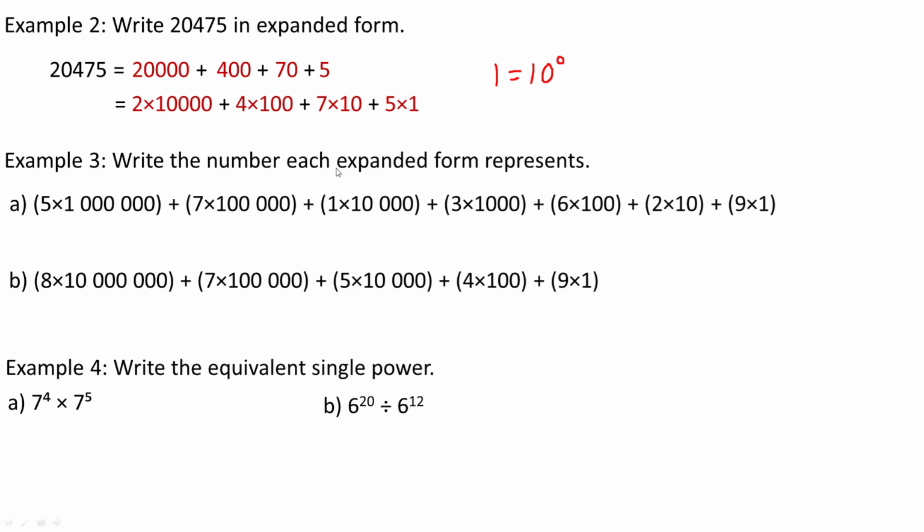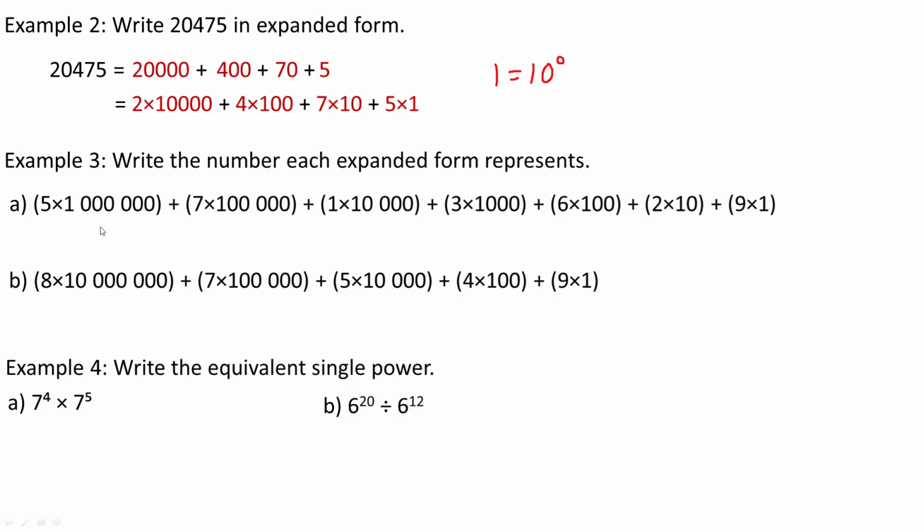And now in example 3, we're asked to do the opposite. We're given the number in expanded form. And so look through the powers of 10. Notice it goes 1, 10, 100, 1,000, 10,000, 100,000, million. There's no powers of 10 missing. They're all in order. Notice there's 1 zero, 2 zeros, 3 zeros, 4 zeros, 5 zeros, 6 zeros.